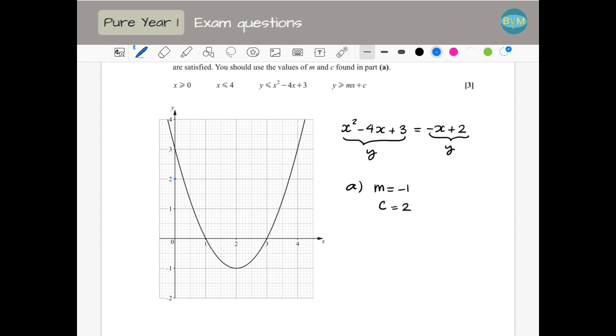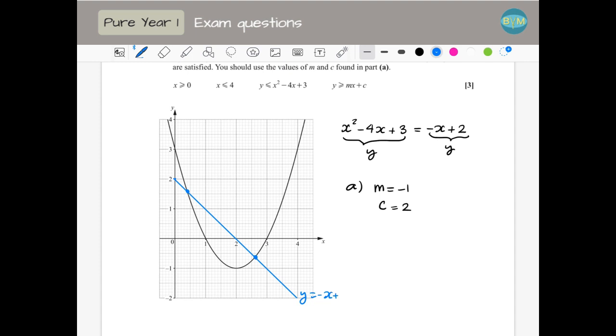So it's going to be something like this. I don't manage to do it exactly. Now, these are the points of intersection. And this is y equals minus x plus 2.